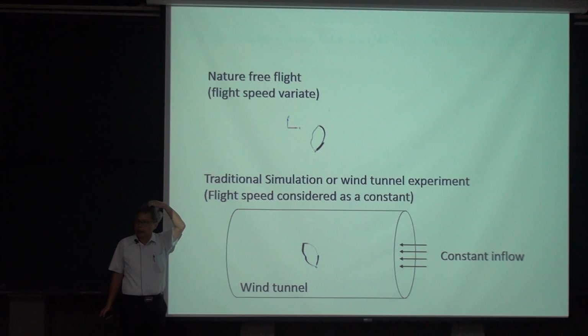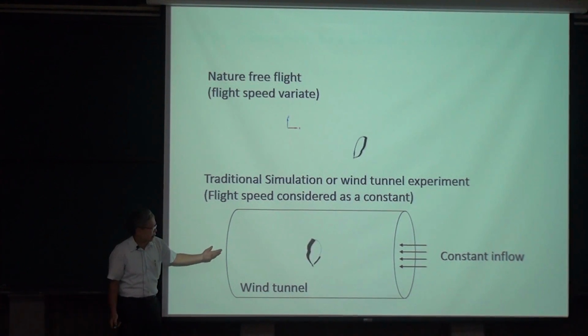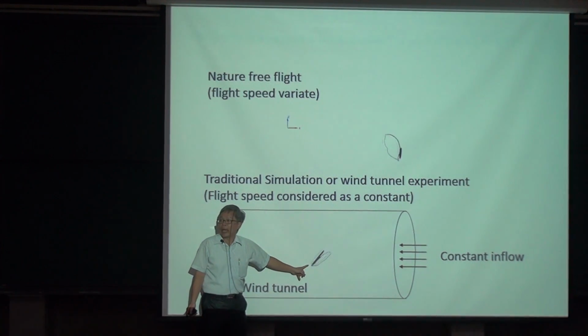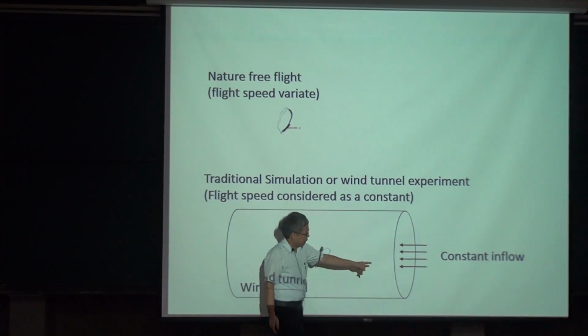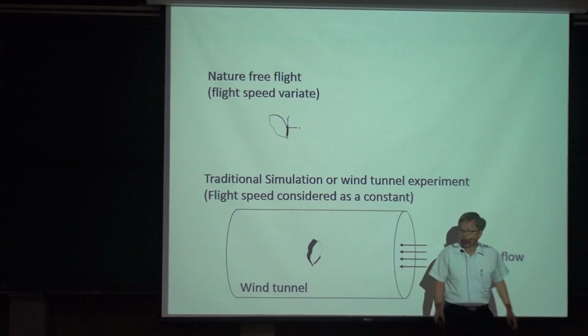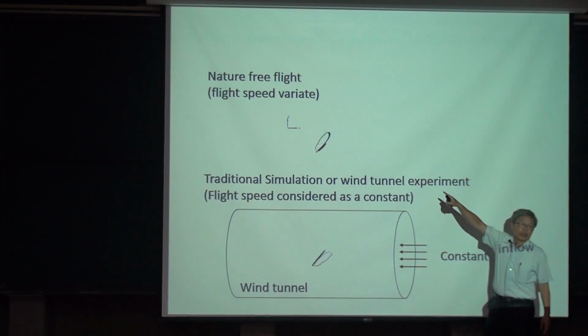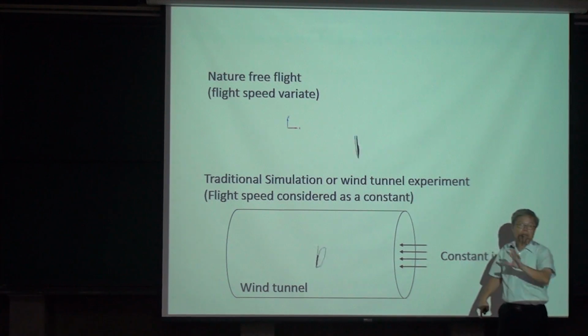The first part we want to clarify is that most people fix the butterfly in a wind tunnel, for numerical or experimental study, using a constant wind speed. But I just showed you the flight speed of the butterfly varies a lot.